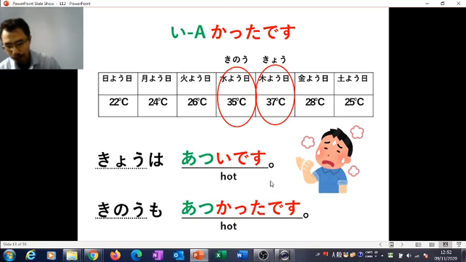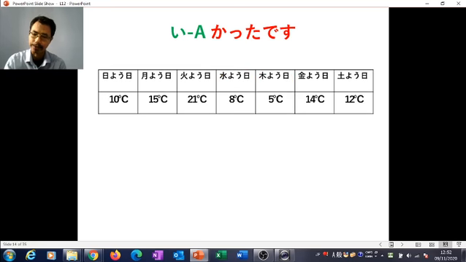Again, you look at the word atsui, delete or remove the character i, and then put katta into the word without the character i, and then it becomes atsukatta. This is how you change the word into past tense form for i adjective. Now we are going to deal with, as usual, negative past tense form.